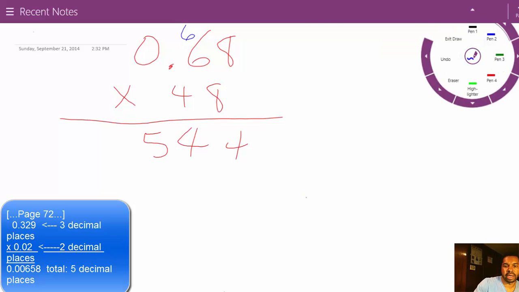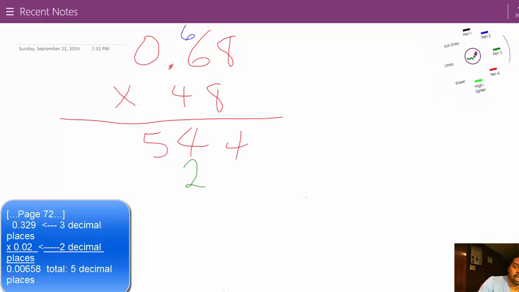Now move to the next line. This time you want to actually write 0 as a placeholder, or you can just skip. You can write 0 as a placeholder if you want, or you can skip, but you have to start right here. So here we start with 4 times 8. We know that's going to be 32.